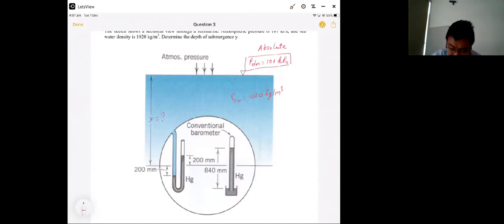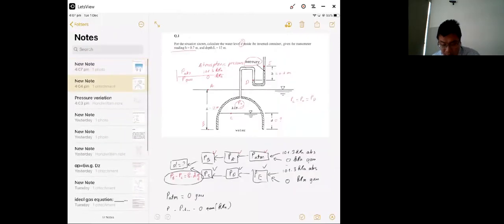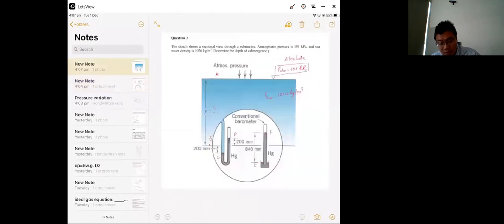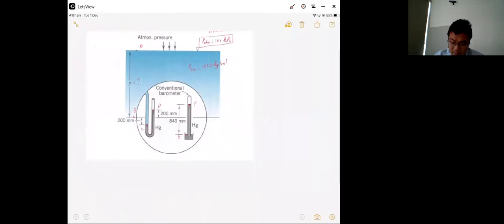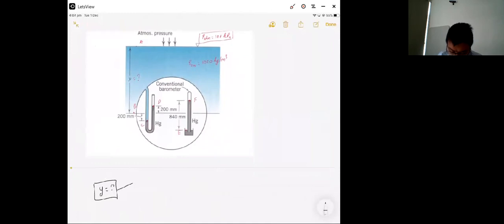How to find Y? I call this point A, this point B, this point C, point D, point E, and point F. You have to find Y, the distance between A and B. Similar to the previous question, to find Y you have to know PA and PB.